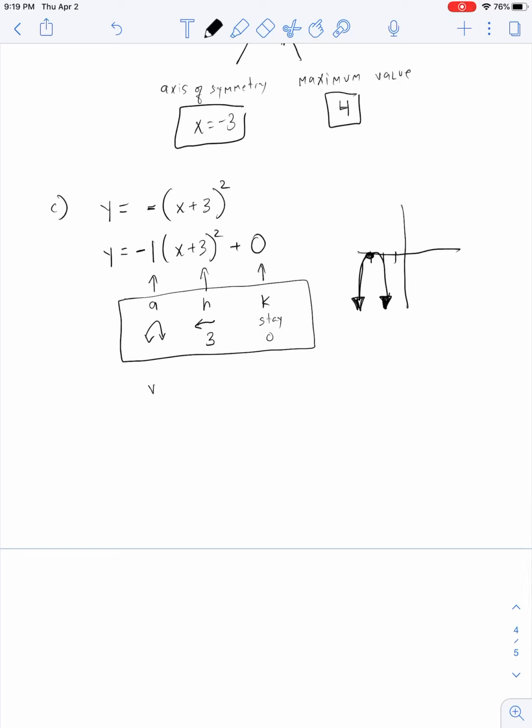From here, you know your vertex. It's the opposite of this, minus 3, and it's whatever that is. You know the axis of symmetry. Once again, it's opening down, so you know the max value.